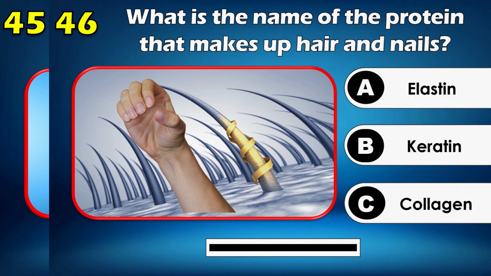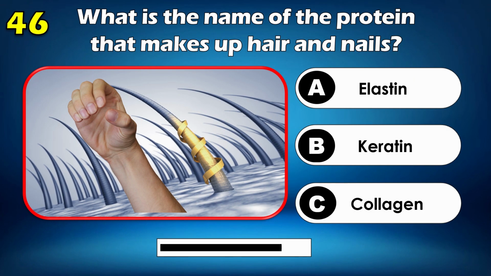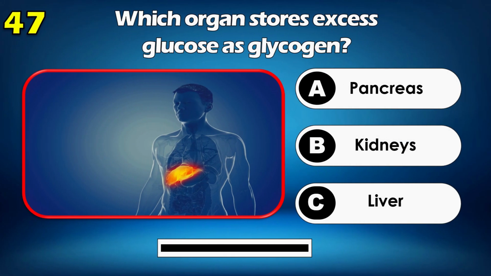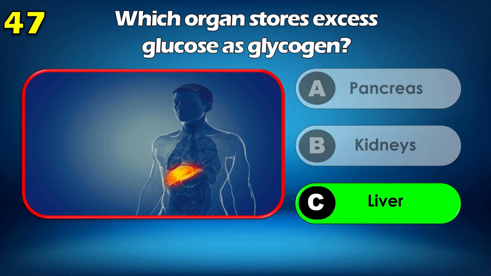Tibia. What is the name of the protein that makes up hair and nails? Keratin. Which organ stores excess glucose as glycogen? Liver.